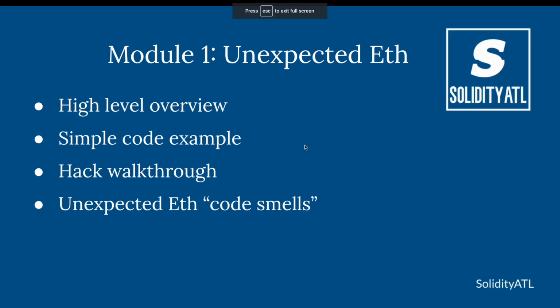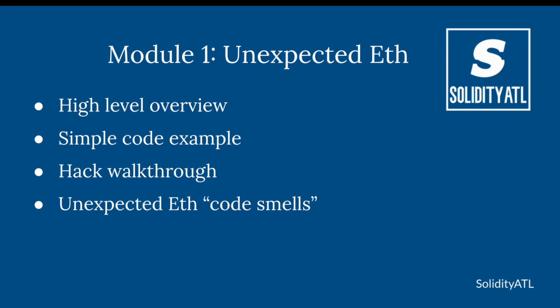All right, so let's talk about module 1, which is unexpected ETH and the vulnerabilities that could occur when you send a contract unexpected ETH. So we're going to do a high-level overview of this, and also this is not just in speaking to sending a contract unexpected ETH. This could also be on being on the receiving end of receiving unexpected ETH.